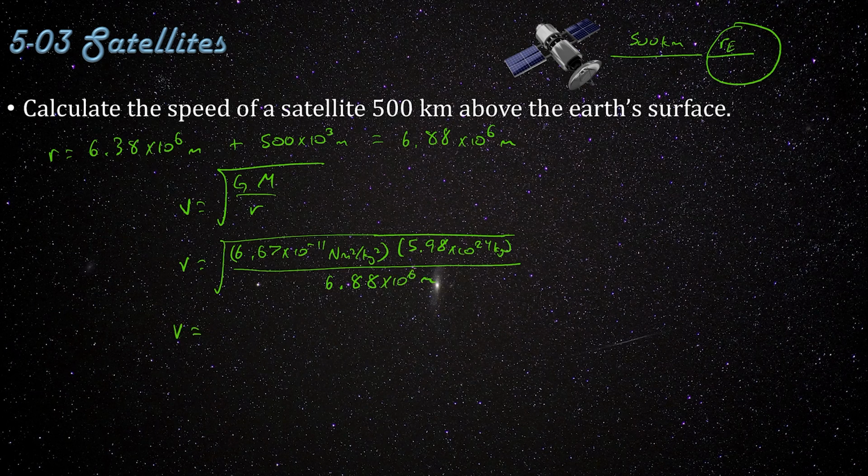Do that calculation, you get about 7,610 meters per second, rounded to 3 significant figures. That's moving pretty fast. So that's 7.6 kilometers every second.